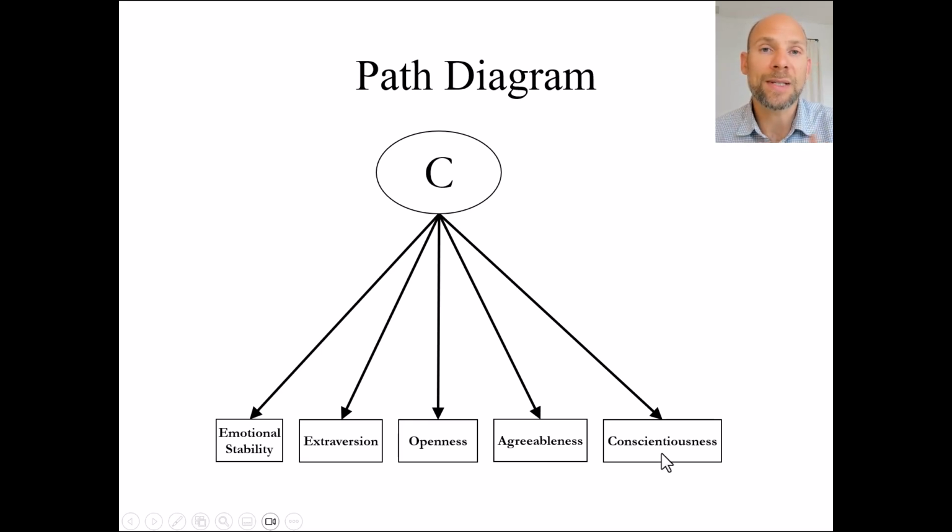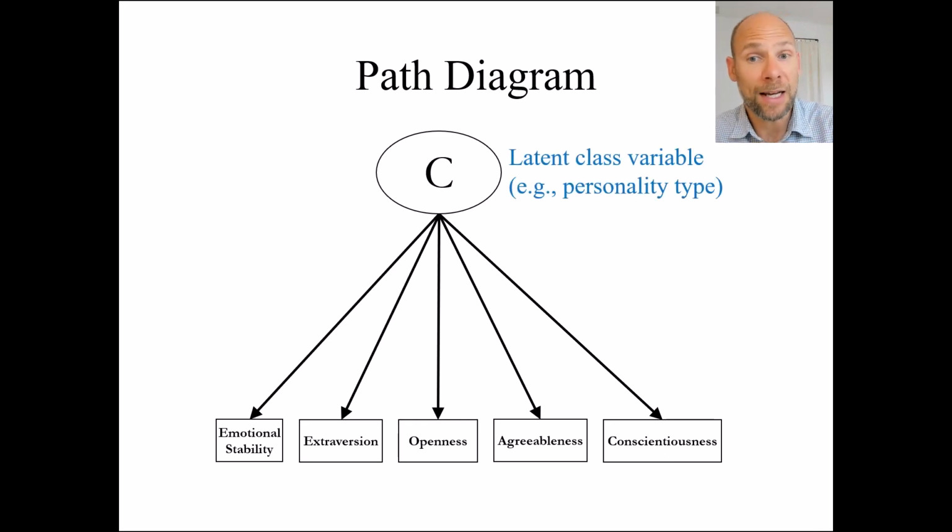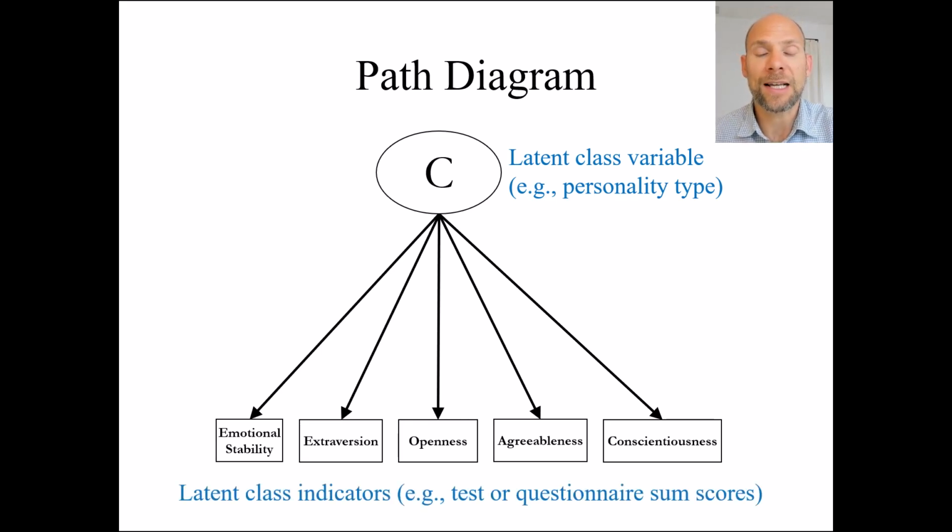Those would be scale scores, sum scores, or average scores, for example, from a questionnaire. And then I have a latent class variable that indicates the personality type. This would be the variable that I want to extract based on the associations or correlations between those scale scores among those latent class indicators that are my test or questionnaire sum scores.